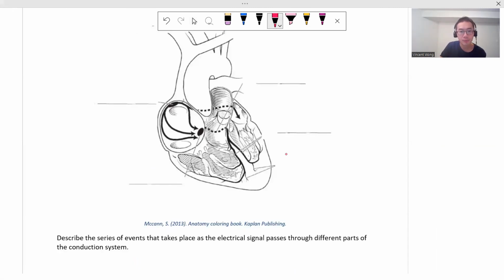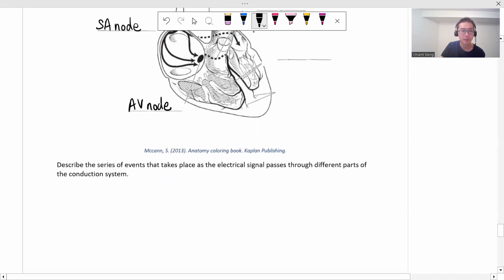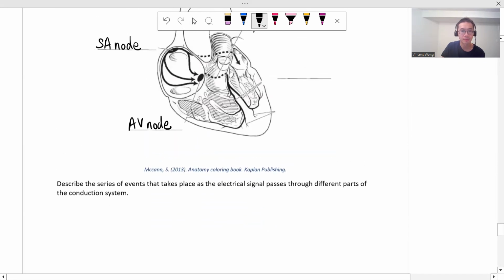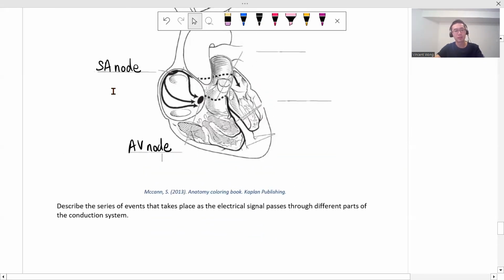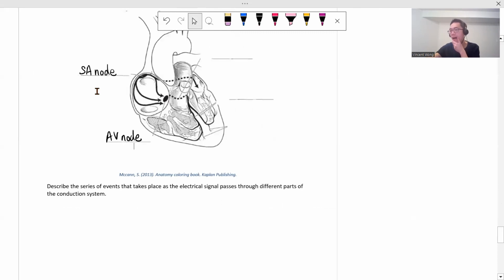So here we go. We have the SA node here, right? And then we have the AV node here. So let's write down what happens first. Okay. Give you a moment to find this page if you haven't already.